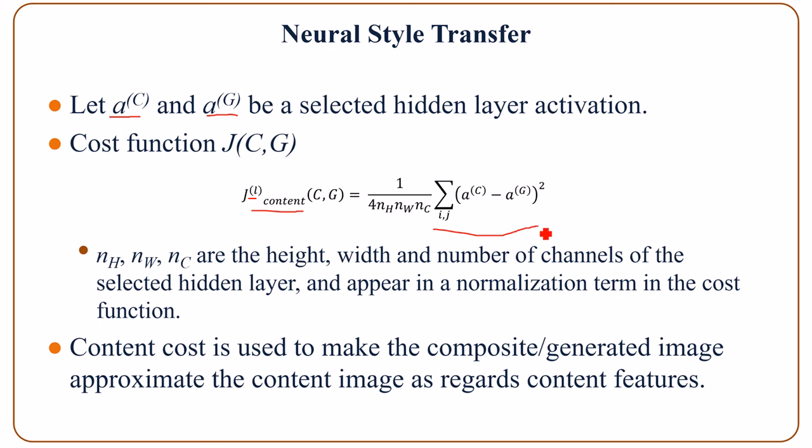This is the sum of squares, and the term in front is just the normalization term of the cost function. So we try to minimize the content cost, which is to make the generated image approximate the content image in terms of content features.